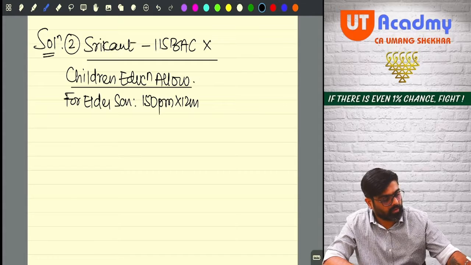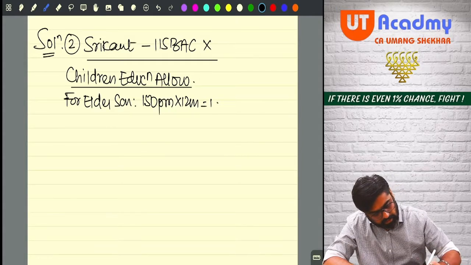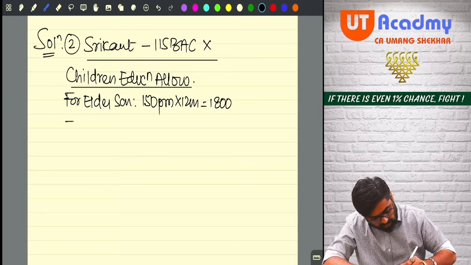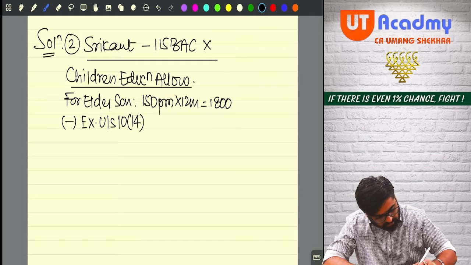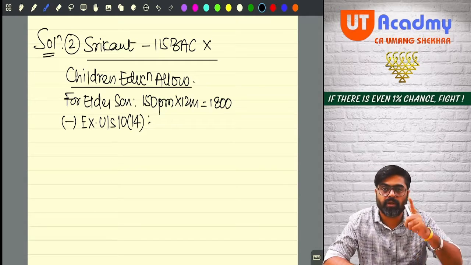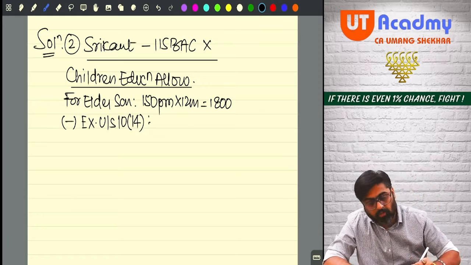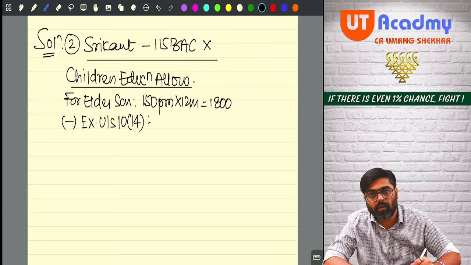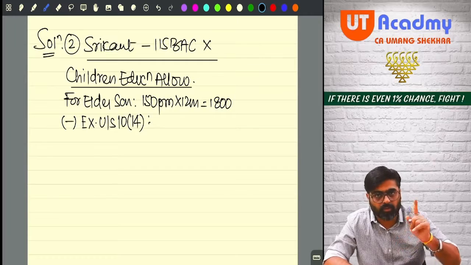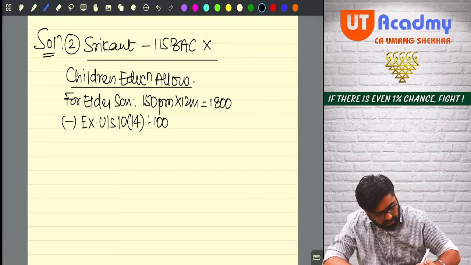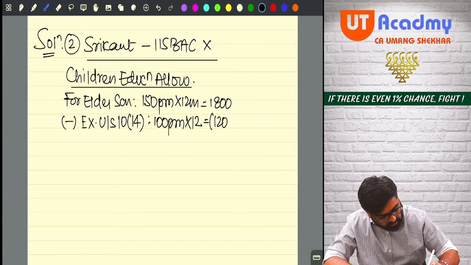So 150 into 12 will be 1800. Out of that, exemption will be available under section 10(14). And 10(14) exemption will be available for children education allowance if you are not following 115BAC. Yes or no? Then how much exemption will be available? 100 rupees per month per child. So for this child, 100 rupees will be exempt. 100 into 12, 1200 will be exempt.